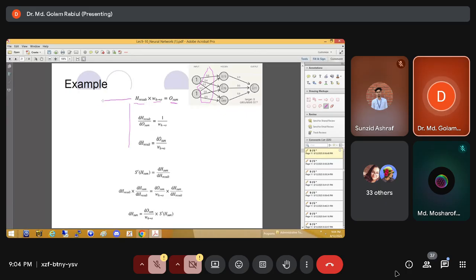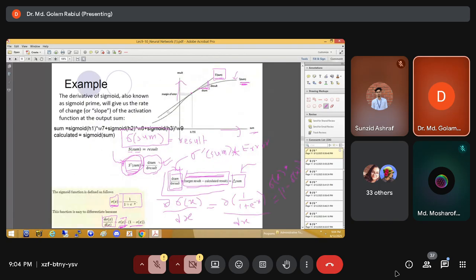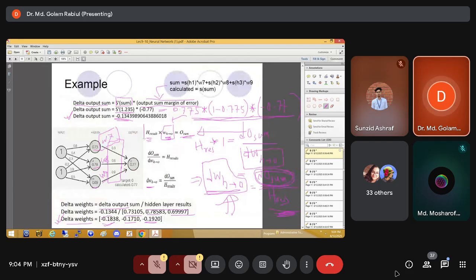So this equation we have already utilized. It's the same equation here.